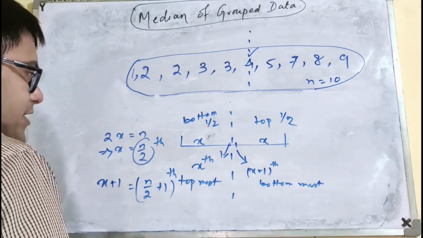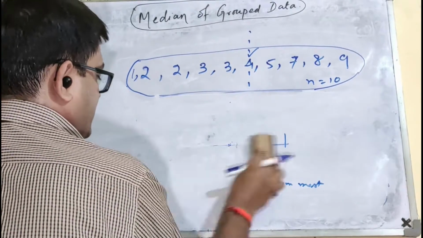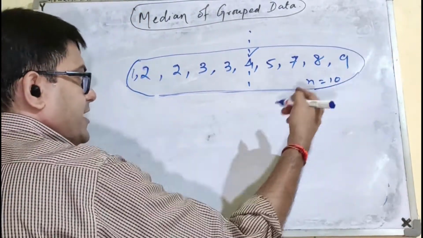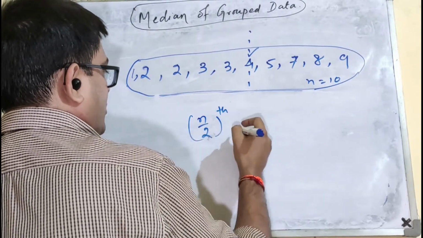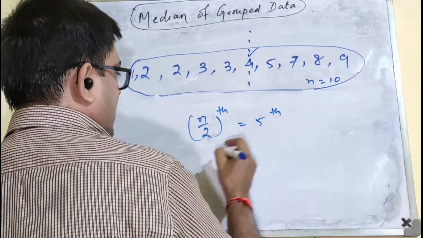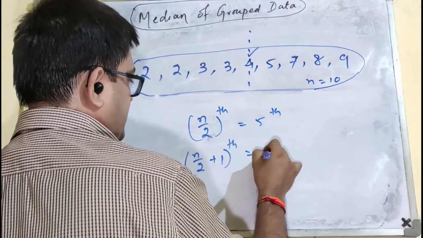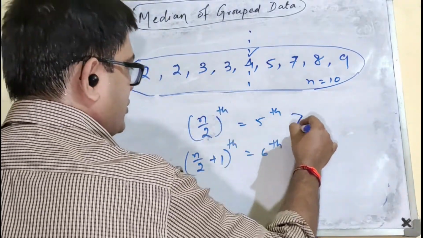So you have to average them out. If n is 10, then the n by 2 point is the 5th point, and the n by 2 plus 1 point is the 6th point. So you have to find these 2 points and then average them out.